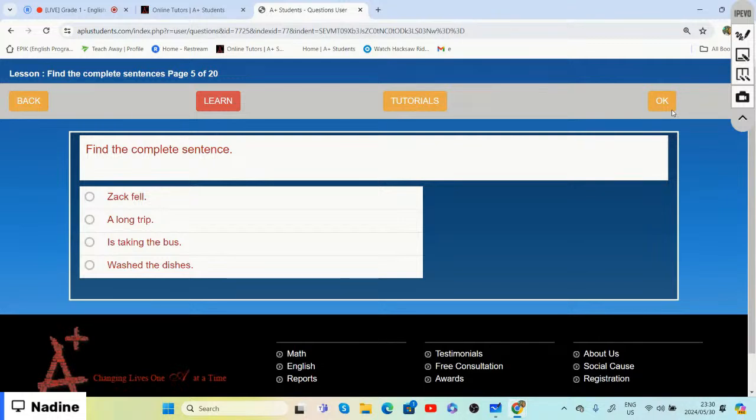Remember we said when we find a complete sentence, right, then we have a naming part and we underline or identify the action part within that sentence.